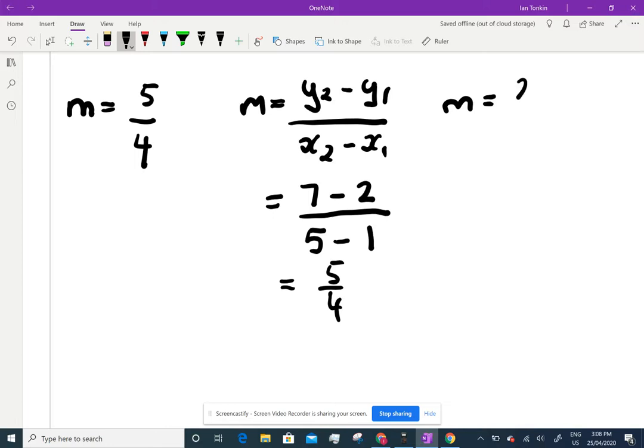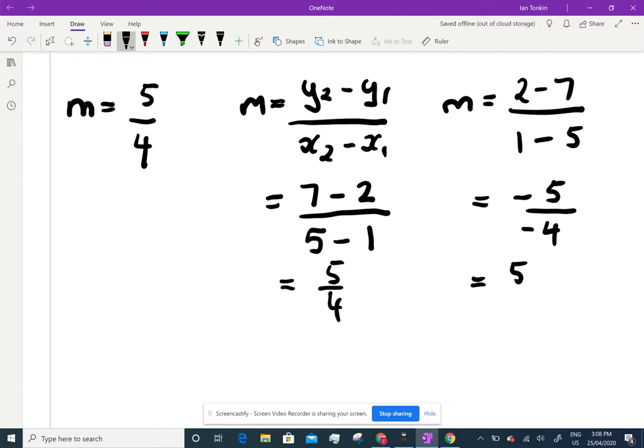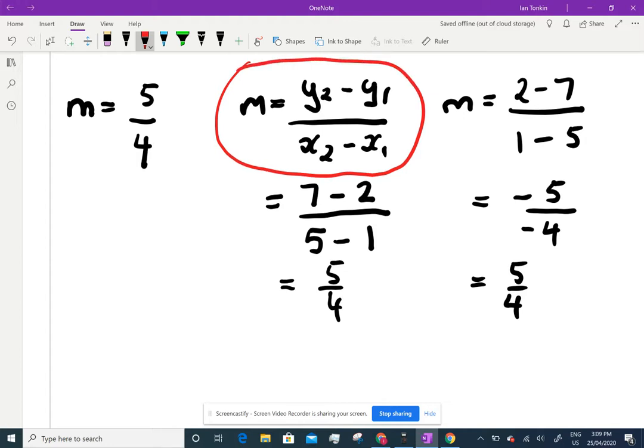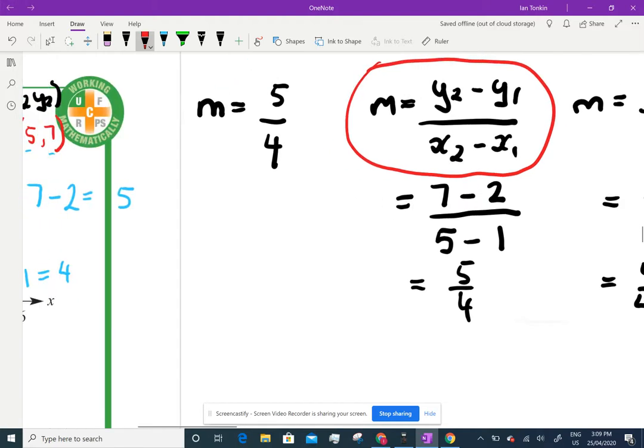So 2 minus 7, so I'm doing y1 minus y2, and 1 minus 5. I'll get negative 5 on negative 4, and the negatives cancel each other out. So it doesn't matter which way I do it, as long as I keep the order. So there is your first formula, and you can see why it works. That's the gradient formula. Somewhere in your notes, you need to write that down.